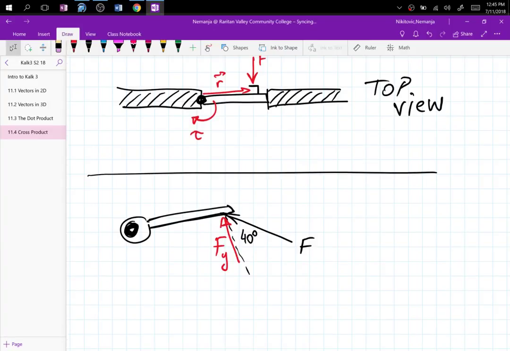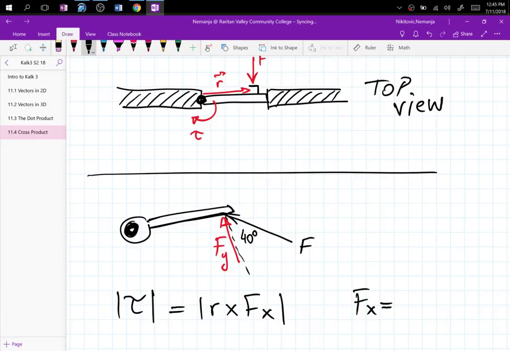So now, to calculate the torque, I will have the radius crossed with Fx. And this Fx is going to be the vector that is perpendicular to this. So that's going to be F. And now this is, again, adjacent. So it's cosine 40.